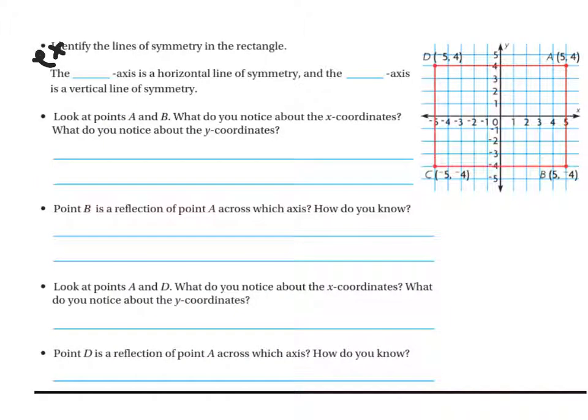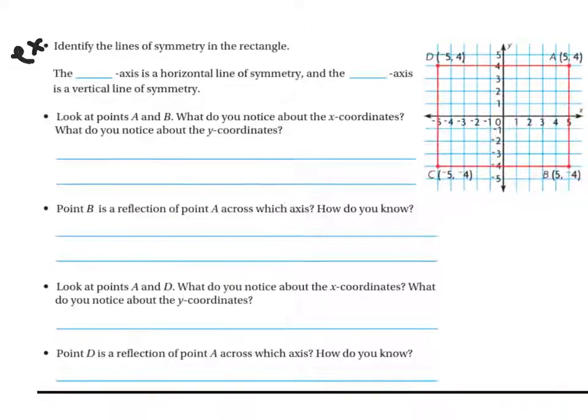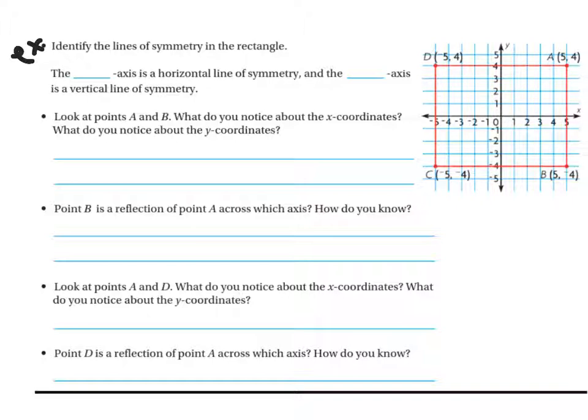Okay, so how does that relate to what we're doing with the coordinate plane? So we want to find the lines of symmetry in the rectangle. Looking at our coordinate plane, you see our rectangle. There are 4 points. Now these points where that letter is right there, that's just the name of this point.